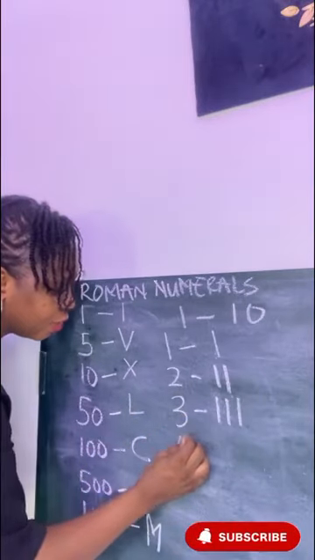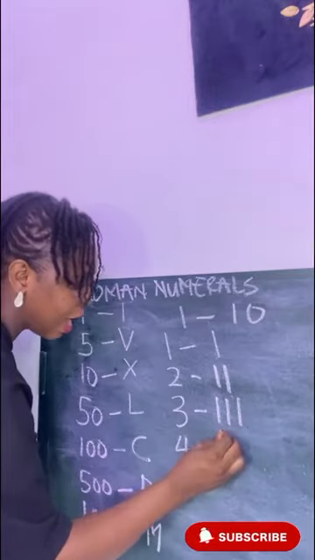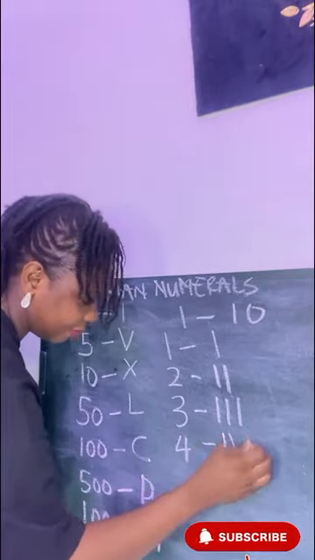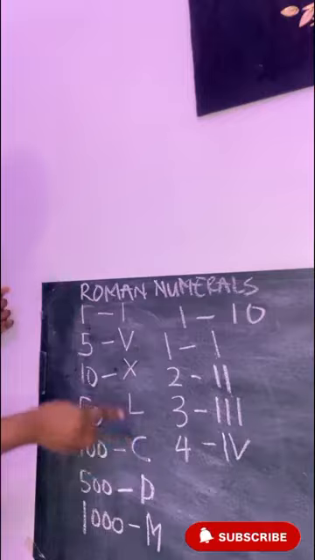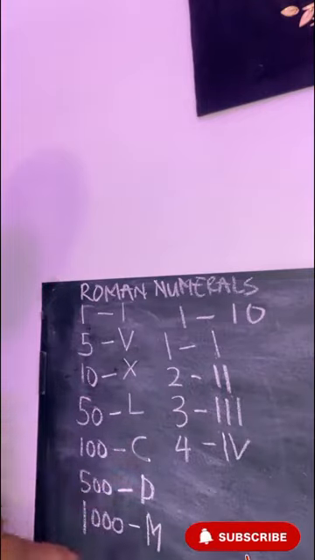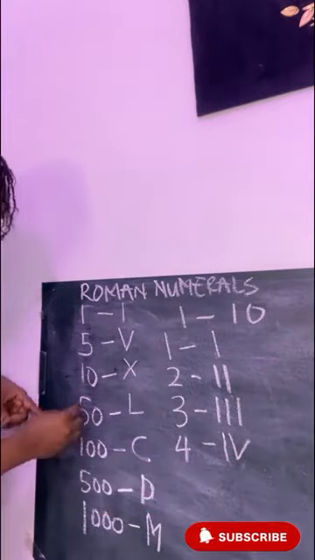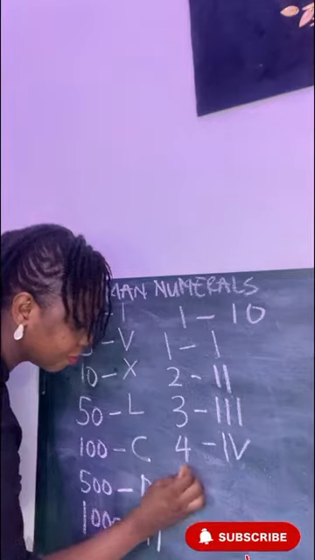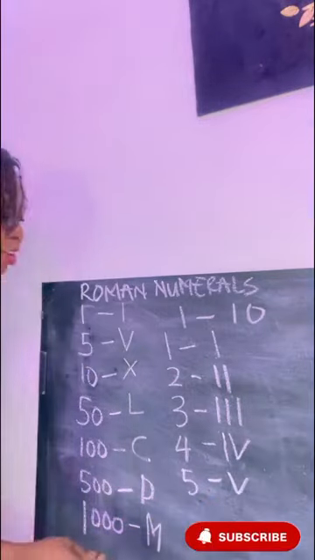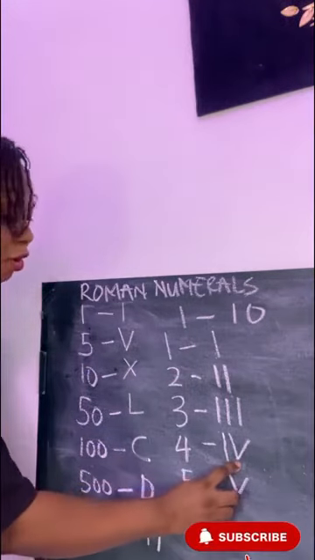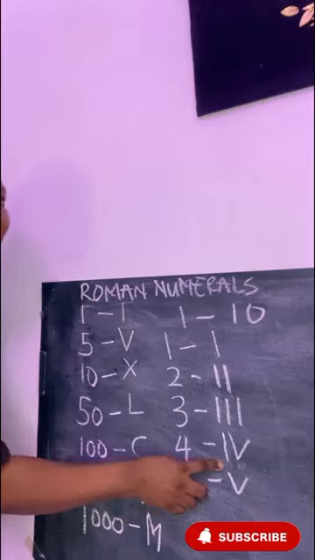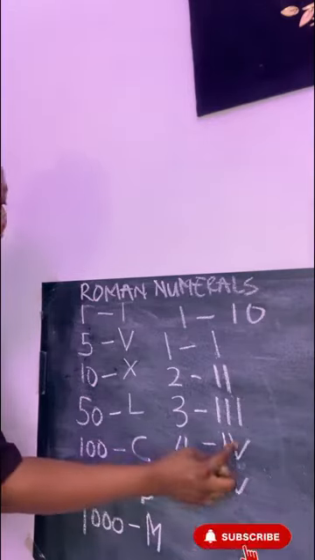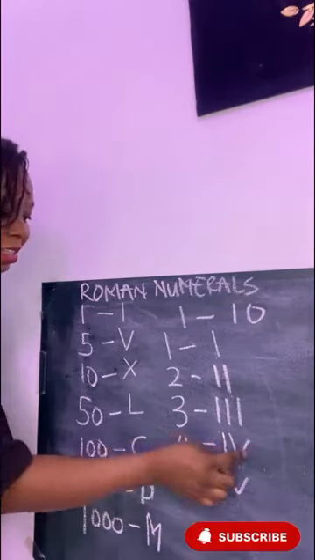III. 4 is what? IV. When it comes to 4, you don't write IIII. No. It should be IV. And that is because 5 is V. So this is almost like saying 5 minus 1. When you have 1 before 5, that indicates 4.